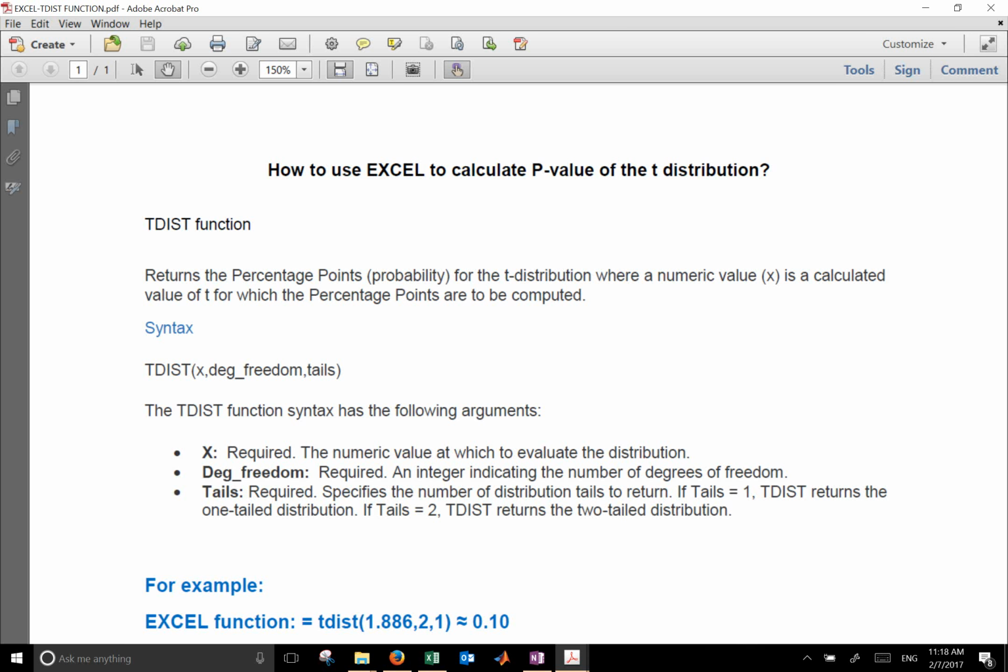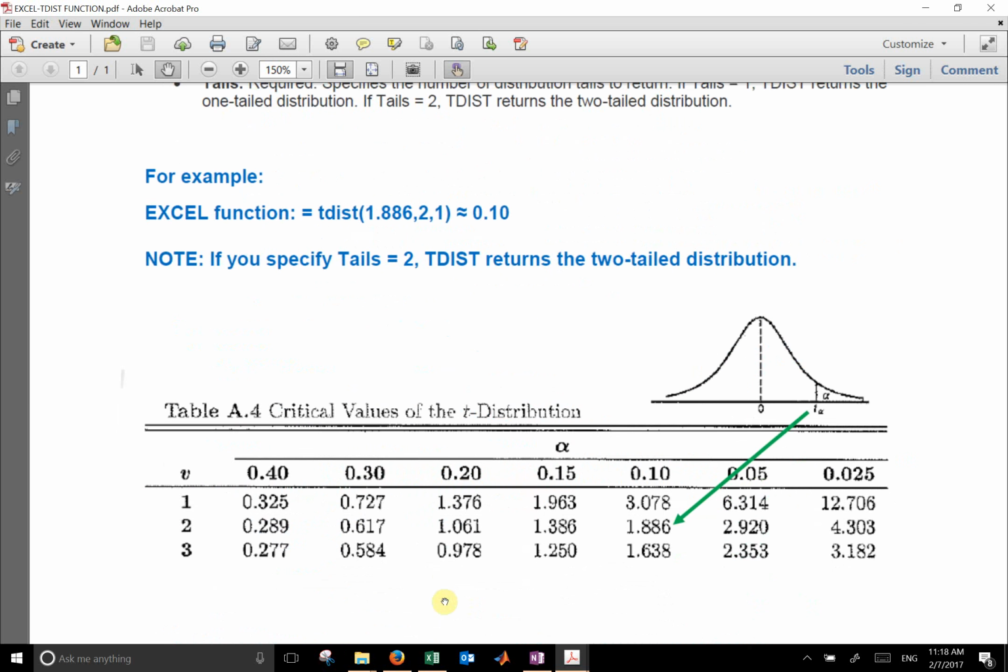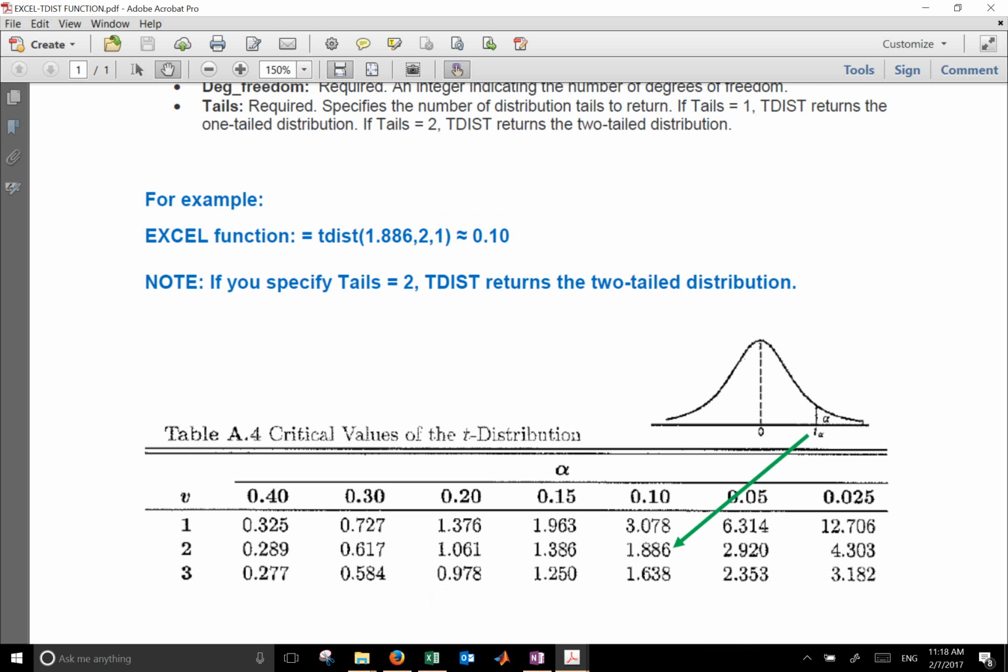For example, if we have location 1.886 and degrees of freedom equal to 2, and tails equal to 1, this is my location, and this is the upper CDF. This is called a tail. This is only one tail, and the value is 0.1. However, what is the difference between one tail and two tails?